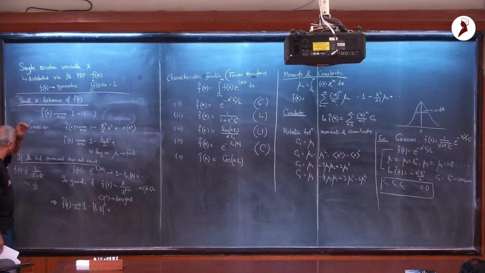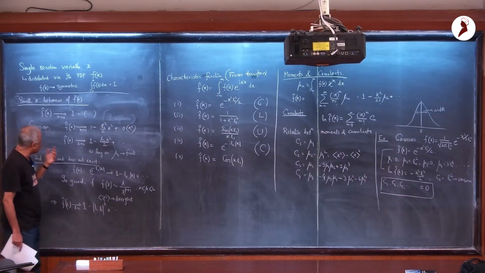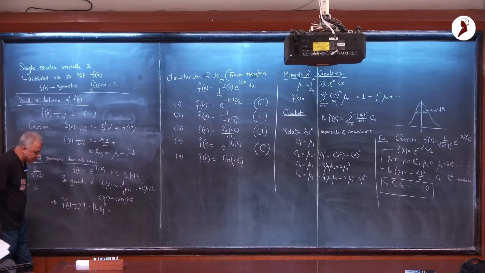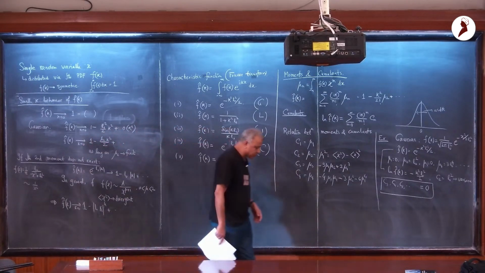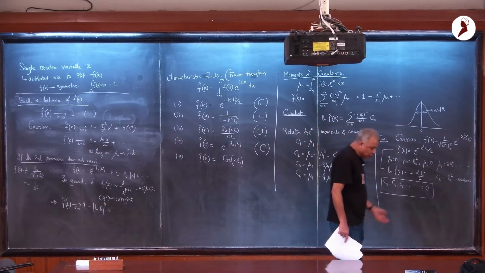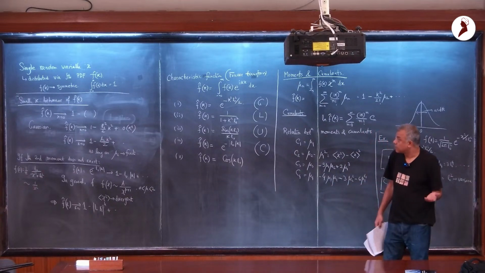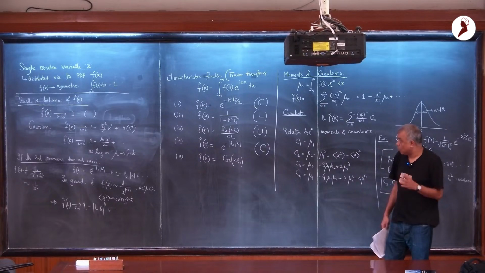Okay? So this is an important point to understand, that for the Fourier transform, the small k behavior is, often you hear this statement that, oh, large x behavior corresponds to small k behavior. But if I know the large x behavior, can I calculate the small k behavior? No, in general not.